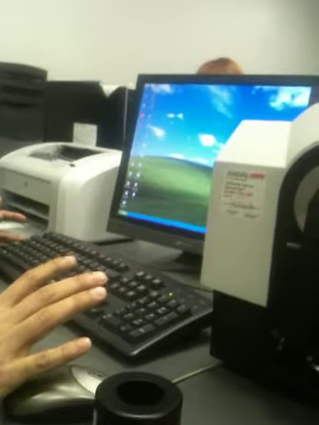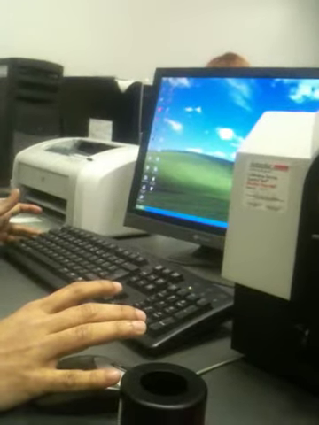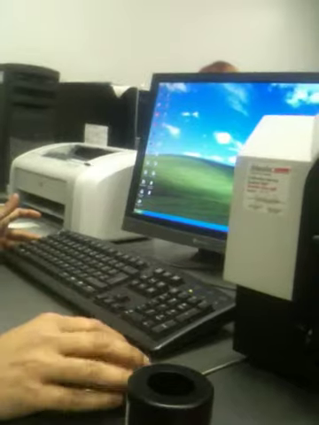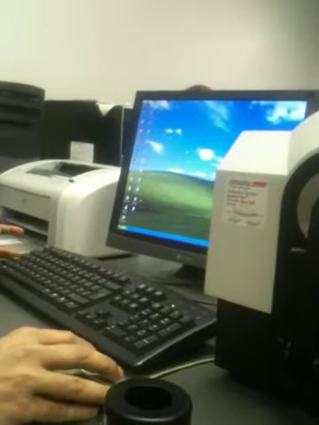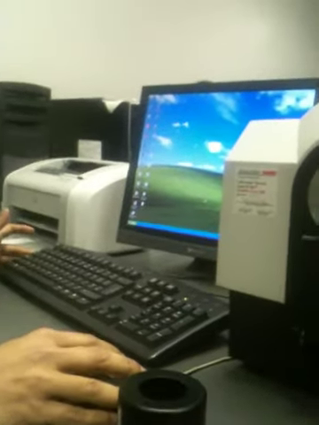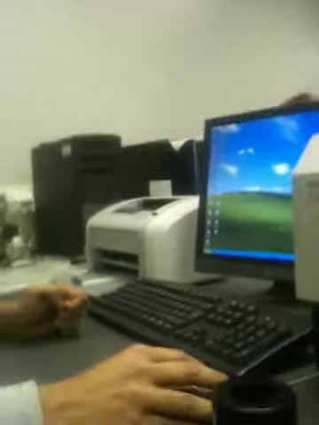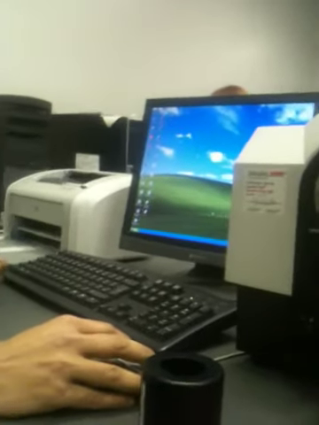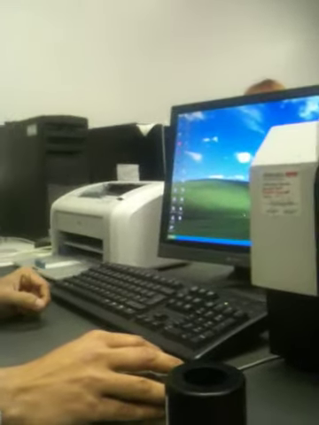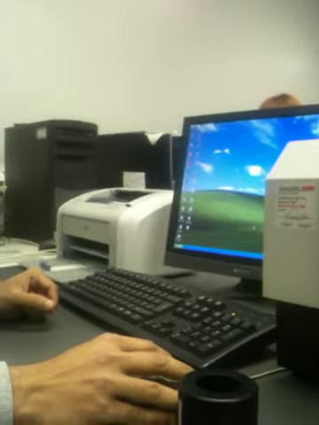This machine is kind of slow, very slow, so that's why he is using that one. Taking ages, right?